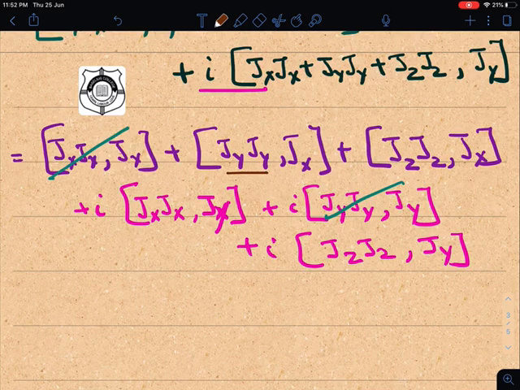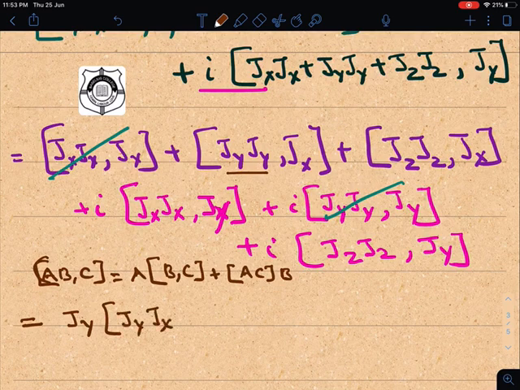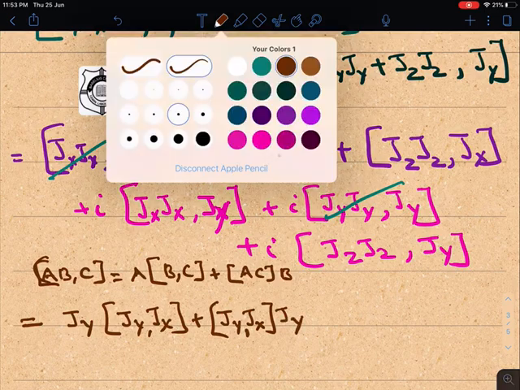Now we'll just expand this. We have quite a number of terms. The commutator of Jy square with Jx. So what is the commutator of AB with C? Reminding again and again: A times the commutator of B with C, plus the commutator of A with C times B. So it will become Jy times the commutator of Jy with Jx, plus the commutator of Jy with Jx times Jy.